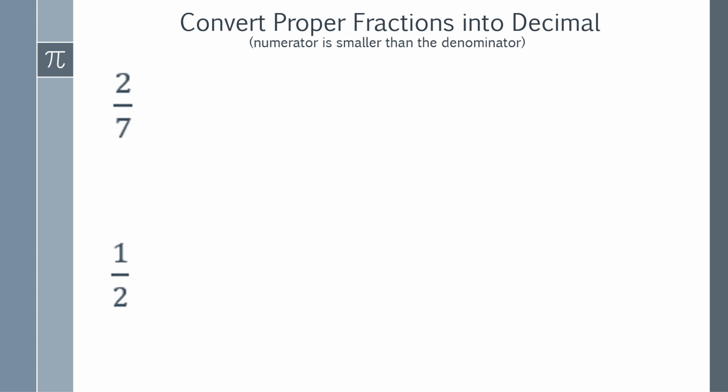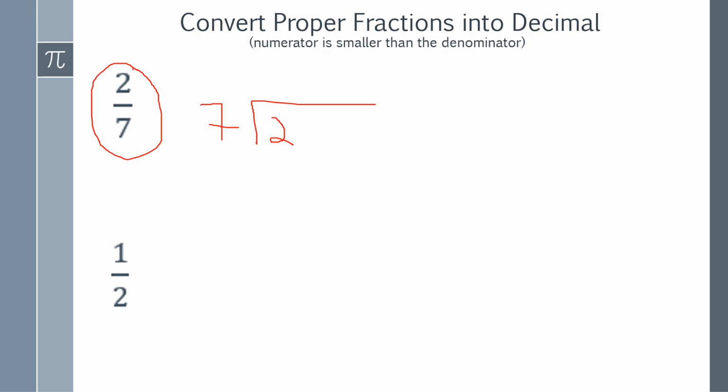When you convert a fraction into a decimal, you do division. The denominator always goes on the outside and the numerator goes on the inside. So you have to find out whether 7 can go into 2 evenly. It can't.